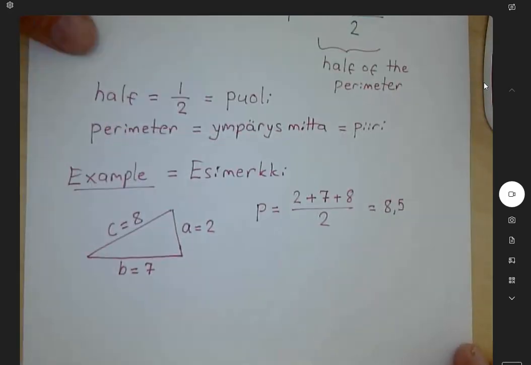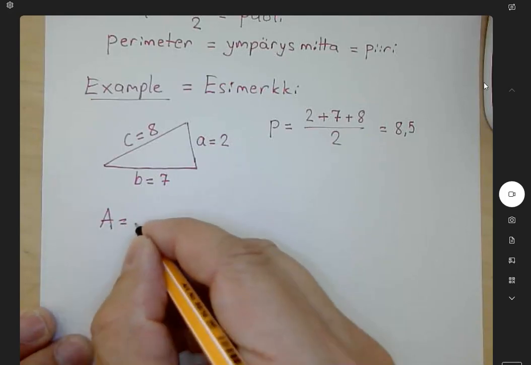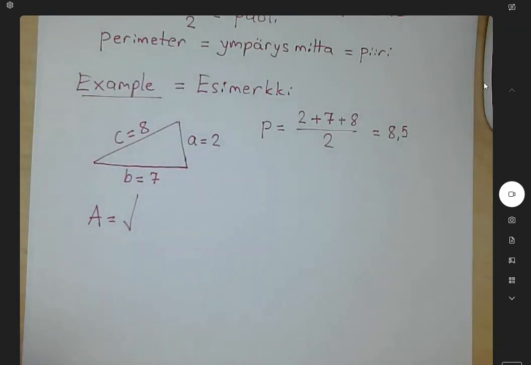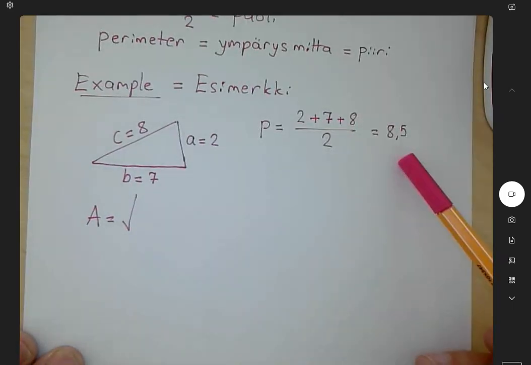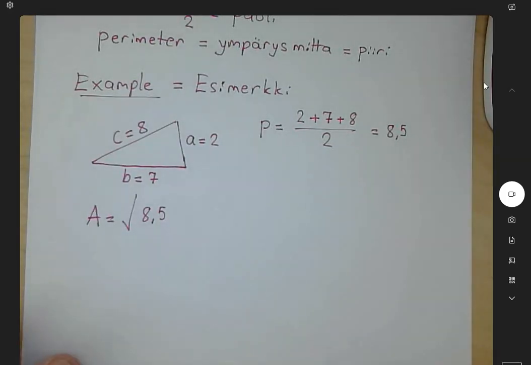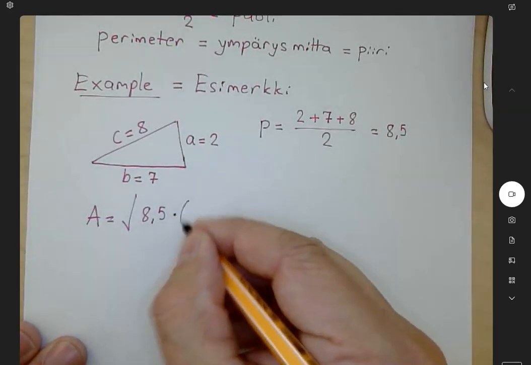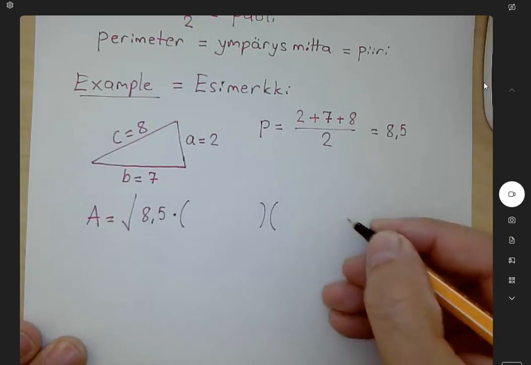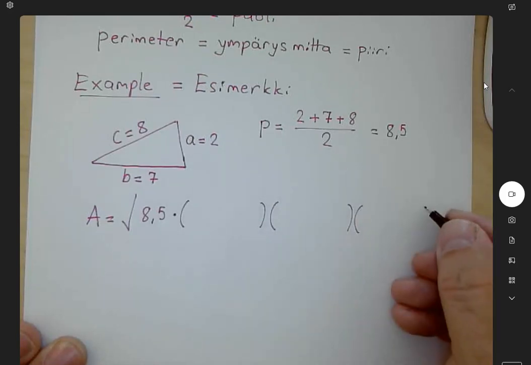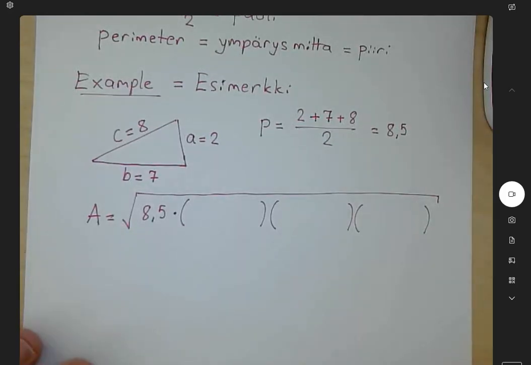After this, it is very easy to write the formula, because we only need the value of P. I write it first in the beginning inside the square root, then I put a multiplication mark and 3 brackets. This is a very mechanical way to solve the area.